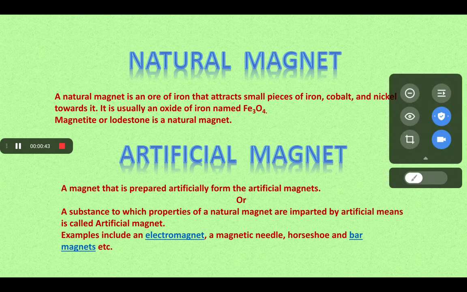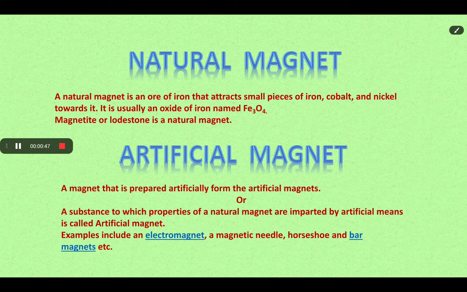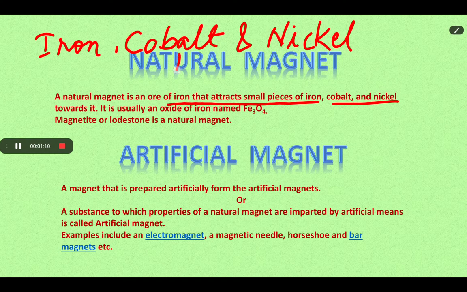So, natural magnet is ore of iron that attract small pieces of iron, cobalt or nickel. These iron, cobalt and nickel are called ferromagnetic substance.